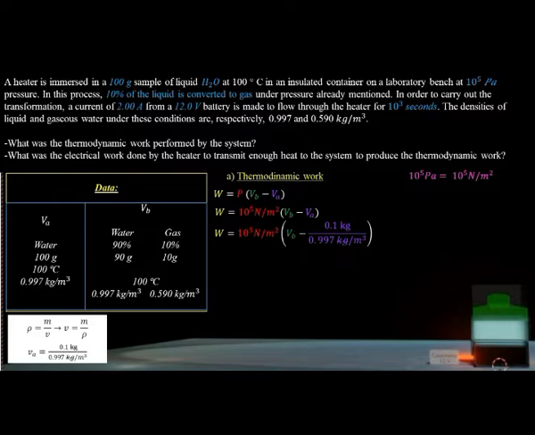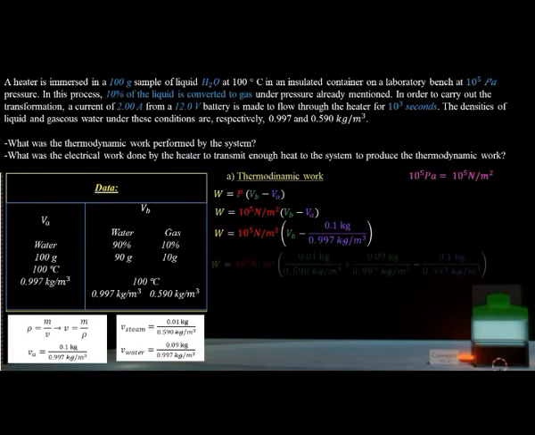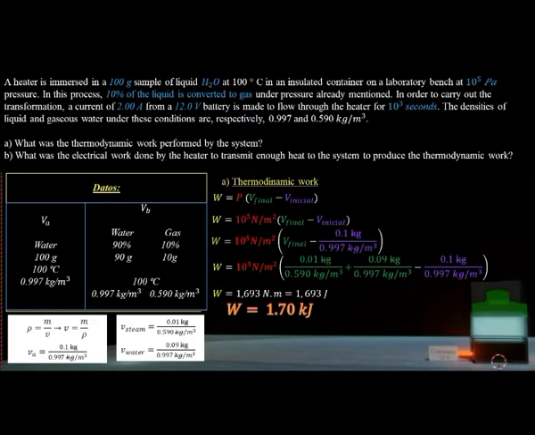The problem tells us that 10% of the water became steam and 90% remained water. 10% of 100 grams is 10 grams or 0.01 kilograms, and the 90% is 0.09 kilograms. We use the density formula. By adding both volumes, we will obtain the final volume. We subtract and multiply. We can deduce that the work carried out by the system is 1.17 kilojoules.